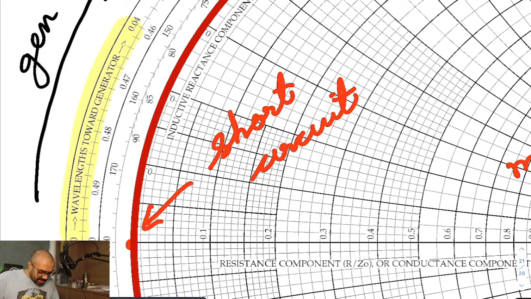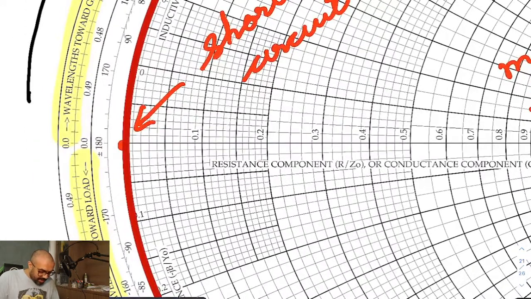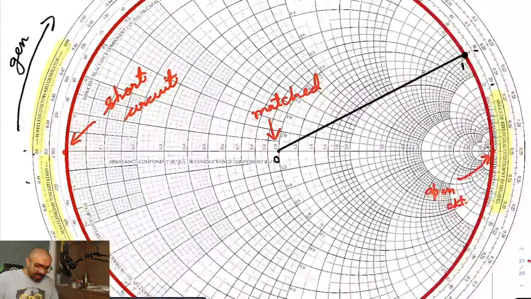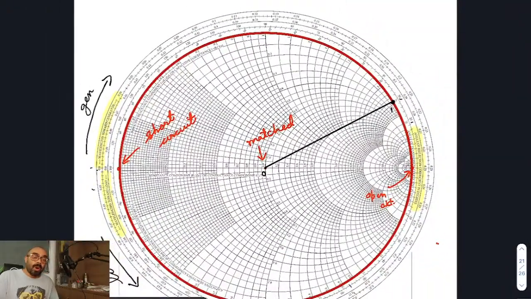So these scales go from 0.0, and when you come back, you have done 0.5 lambdas. You can see here 0.49. So 0.0 is the same as 0.5. This is how you read distances on the Smith chart.